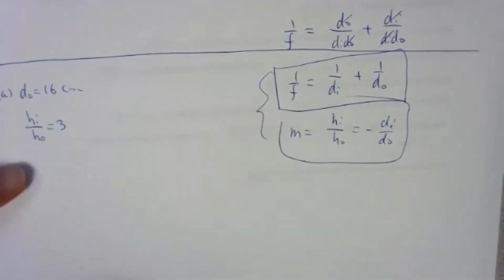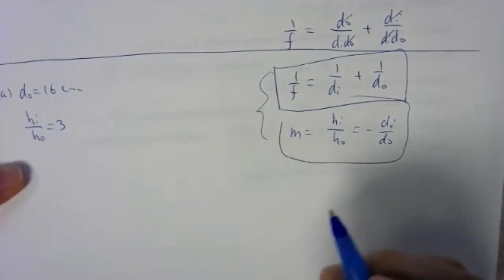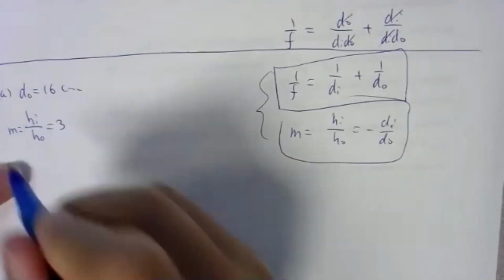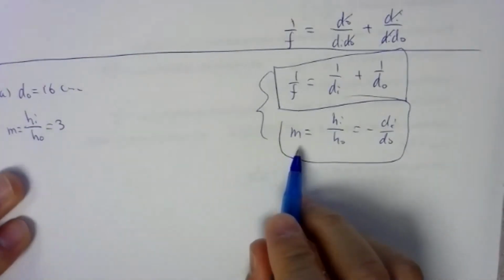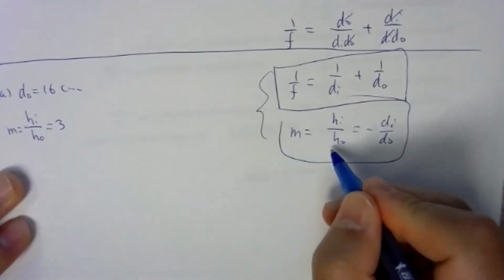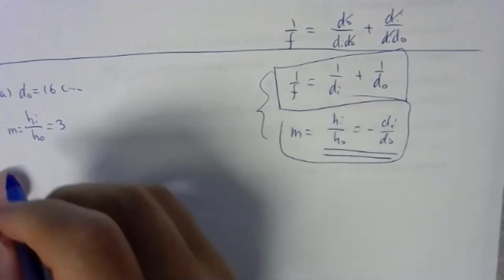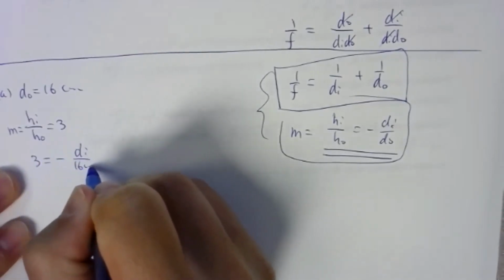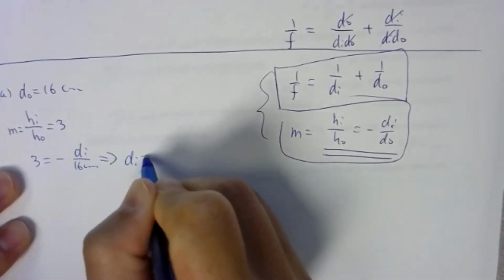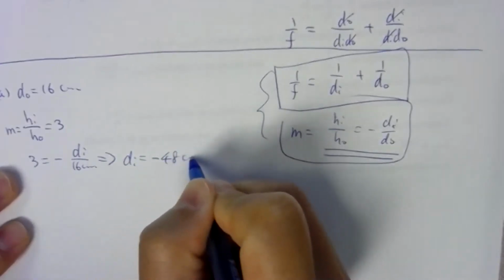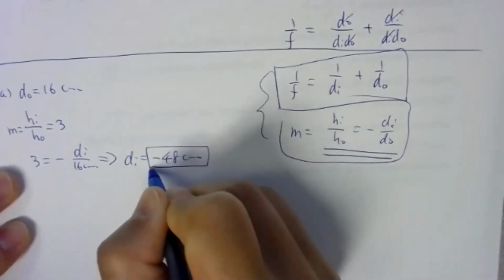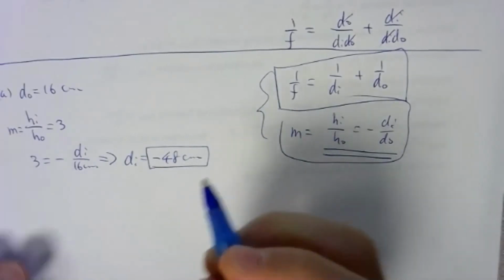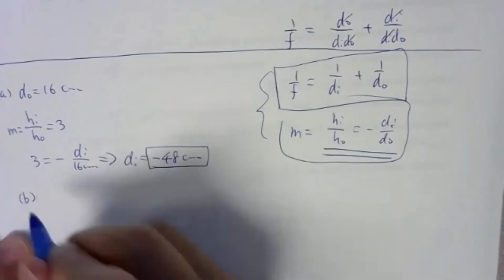In that case, this is the magnification m. So you can calculate di starting from here: 3 equals minus di over 16 centimeters. So that tells you your di is equal to minus 48 centimeters. The sign is negative because it's a virtual image; the image is behind the mirror.